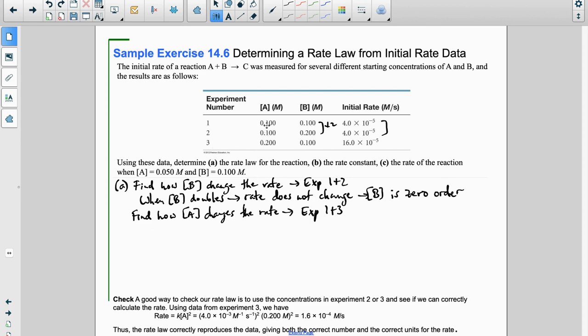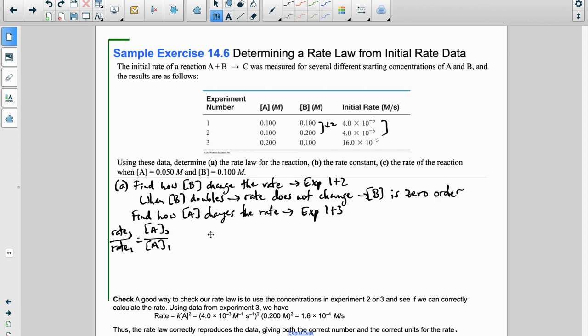So here we can do A for 3 over A for 1, okay? And that's related to the rate of 3 over the rate of 1.